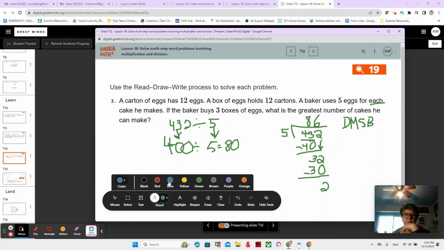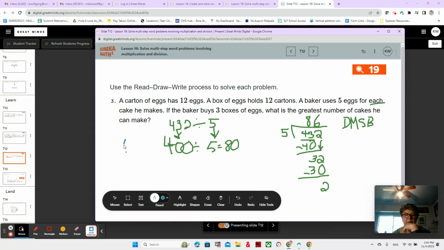And then you could do 432 divided by 5. And you could put an 80 here, and that would give you 400. And then you would have 32 left over. And then you could say, well, 32 is close to 30, so that would be a 6, and then put a 6 on the top, 30, and you would still have your remainder of 2. And now you have 86 and 86.